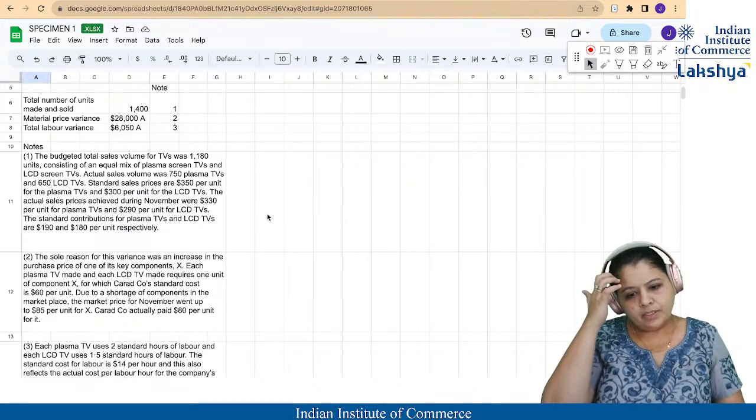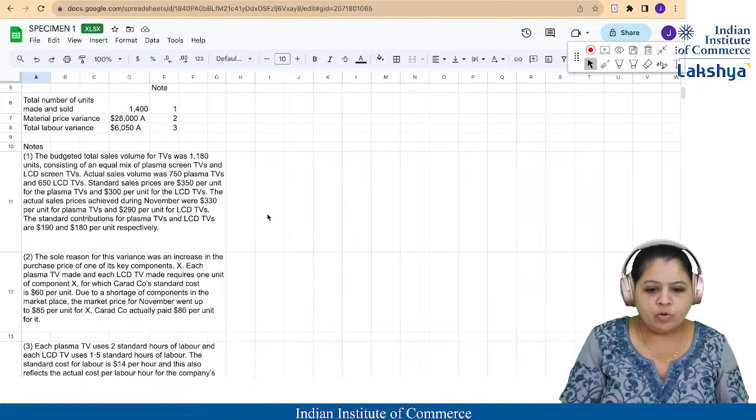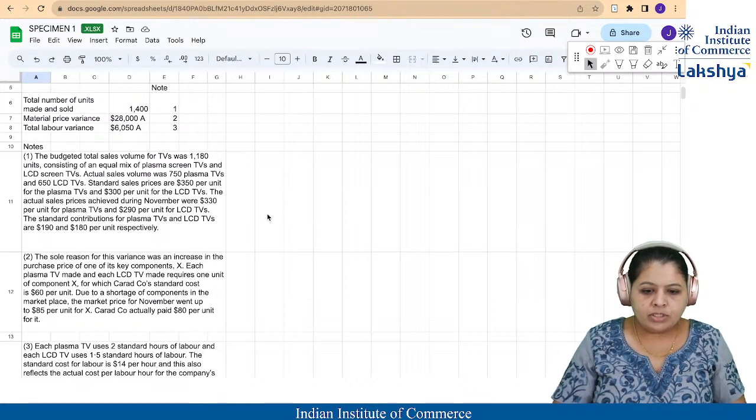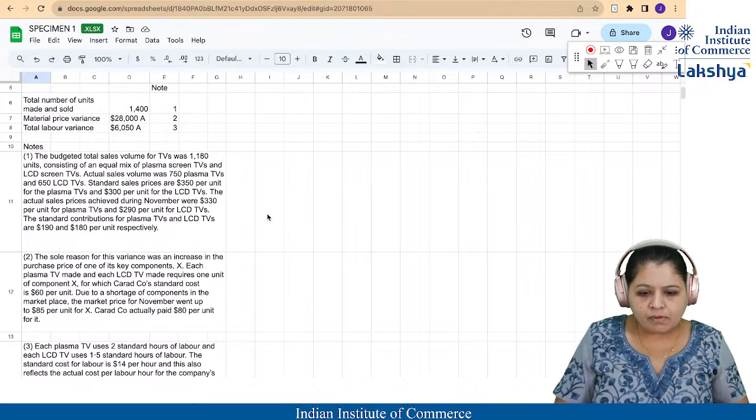Total number of units made and sold is 1400, which you find out from note number 1. The budgeted total sales volume for TV was 1180 units, consisting of an equal mix of plasma TVs and LCDs. Actual sales volume of plasma is 750 and that of LCD is 650.